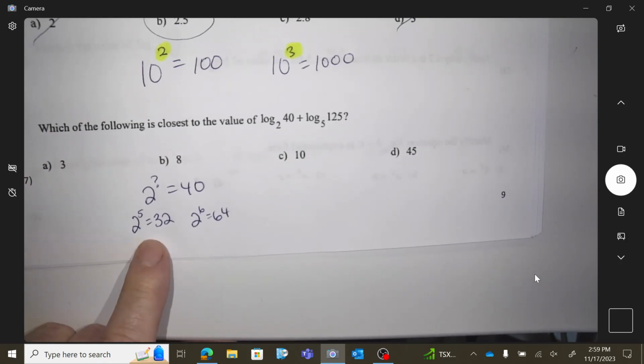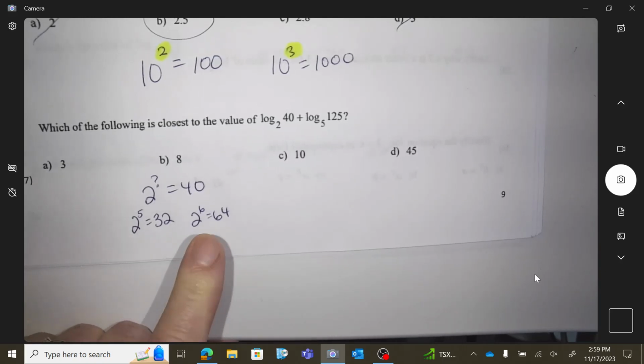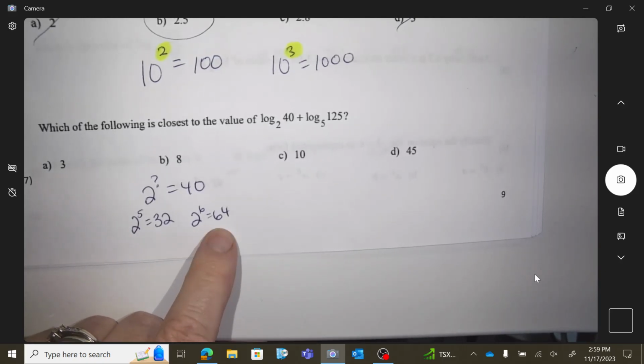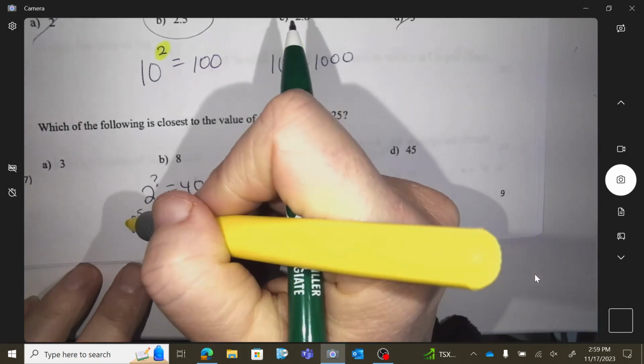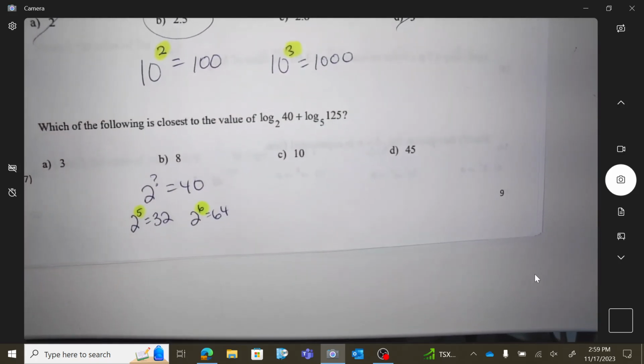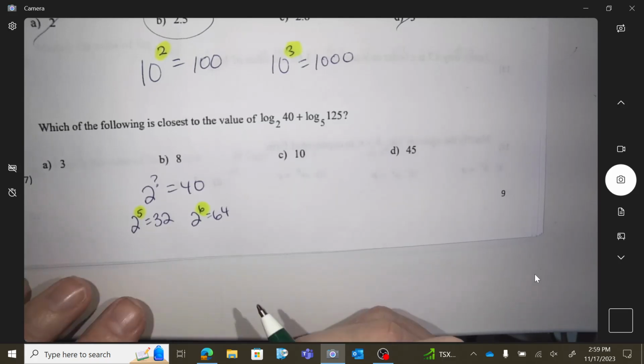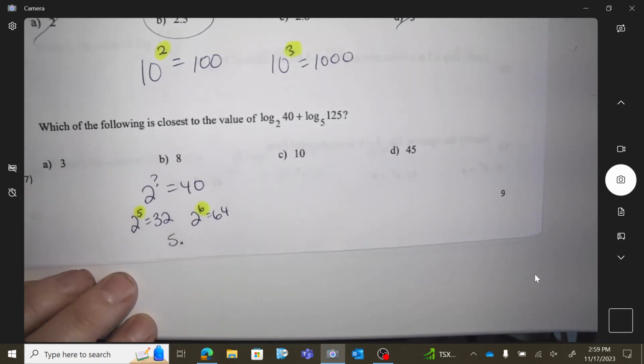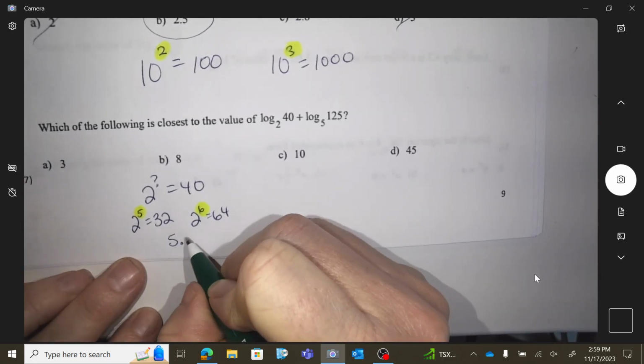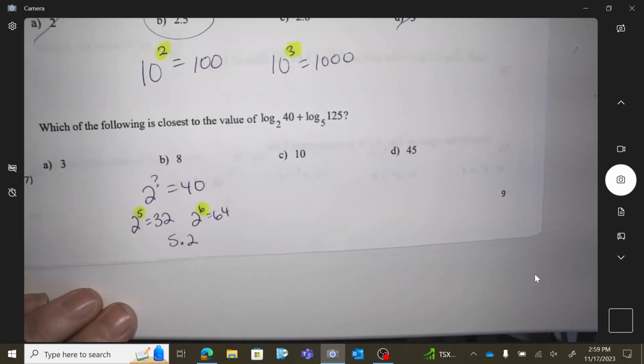Okay, here's what I know. I know 2 repeated 5 times is 32. I know 2 repeated 6 times is 64. So what do you think is a good number to pick to get to 40? 5.2. What do you say? 5.2-ish?